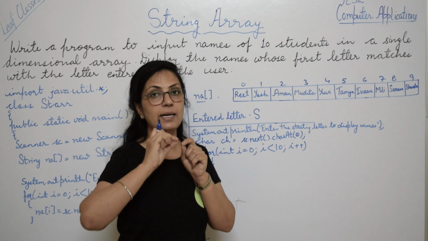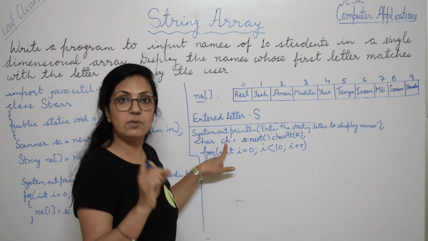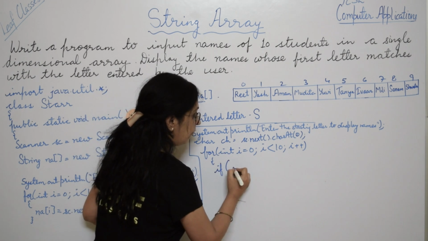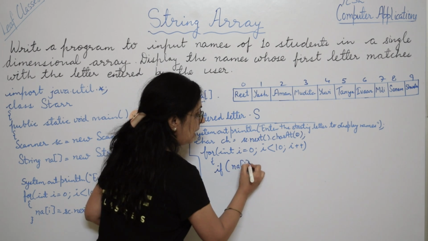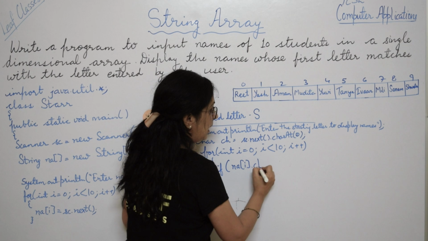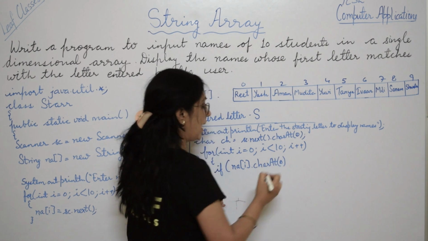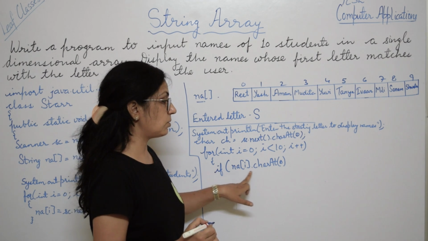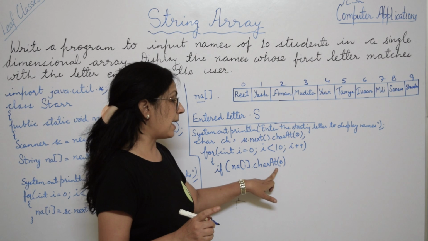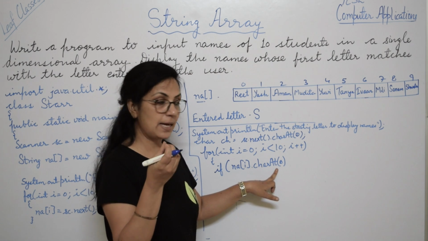We will check whether that character is equal to this ch. For that we will use if, na[i], na[0], na[1], na[2], dot charAt(0). From the first array element, this charAt(0) function we are applying to extract the first character.